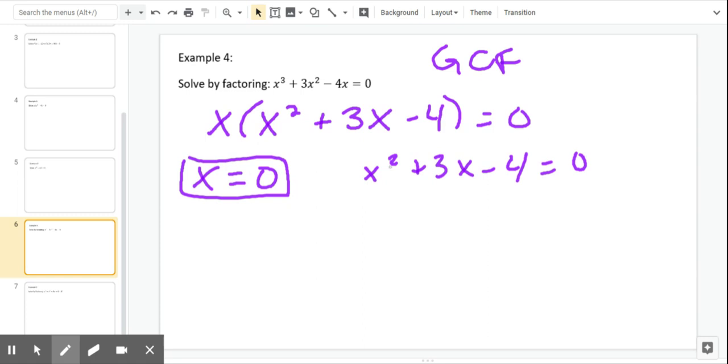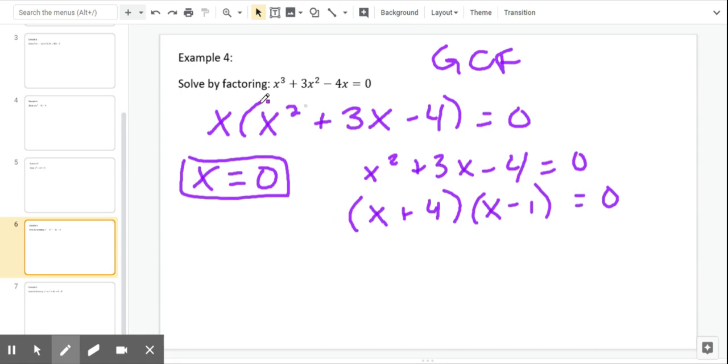I ask myself, what adds to positive 3 and multiplies to negative 4? Well, how about x plus 4, x minus 1? Let's think about that for a second. 4 plus negative 1 is 3, so that works. And 4 times negative 1 is negative 4, so that works. So we can factor this even further.